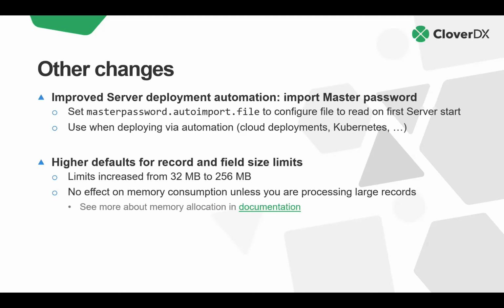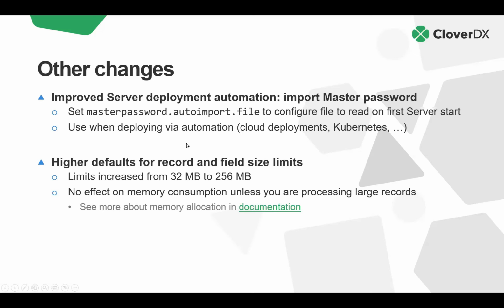Again, this is aimed at customers who are doing deployments in the cloud through automation like ARM or CloudFormation, Kubernetes, and similar, where you typically need to configure the whole instance with everything without anyone having to touch it in any way. And the master password configuration was the one thing missing there that was hard to work around without a proper API or proper way of doing that.